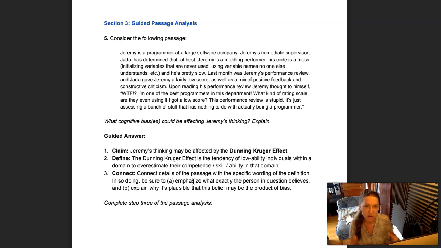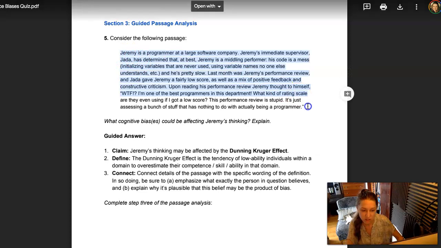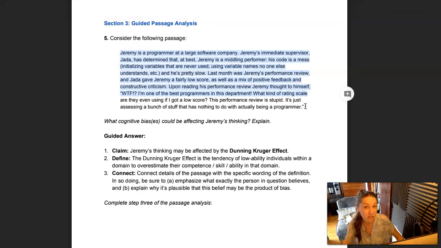Possibly. But there are some telltale clues here that at least raise the plausibility of a common kind of bias that is worth being aware of, right? So what gives us clues that this is a bias that could be affecting Jeremy's thinking worth considering?